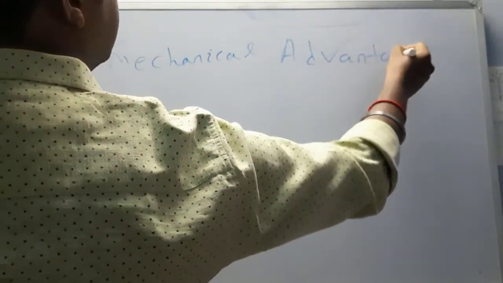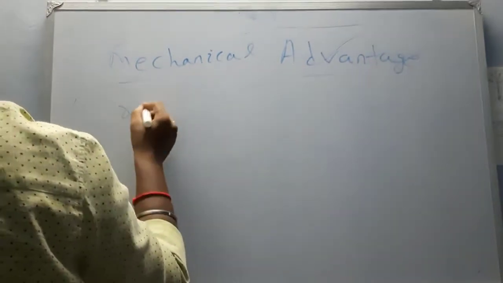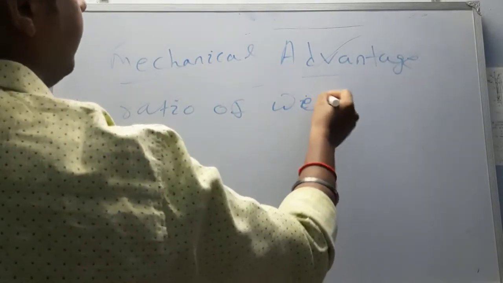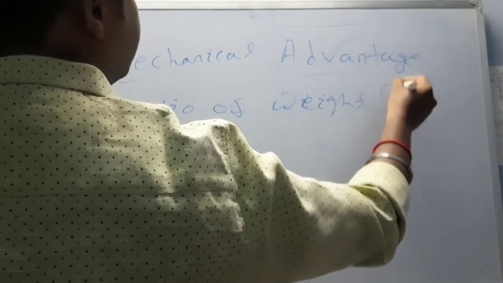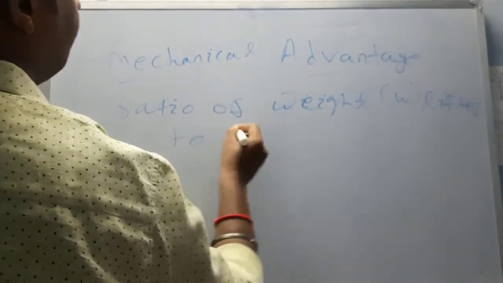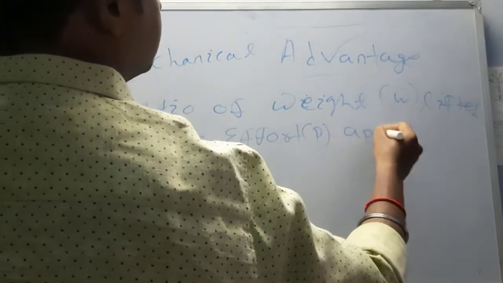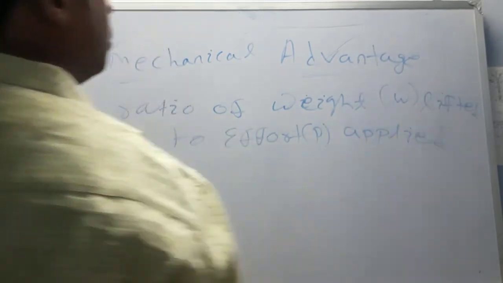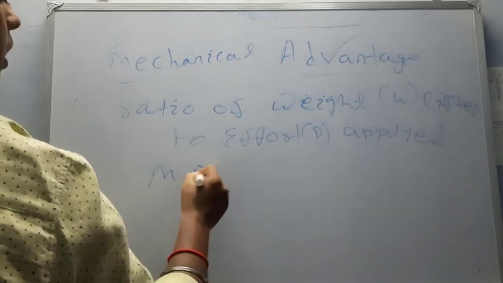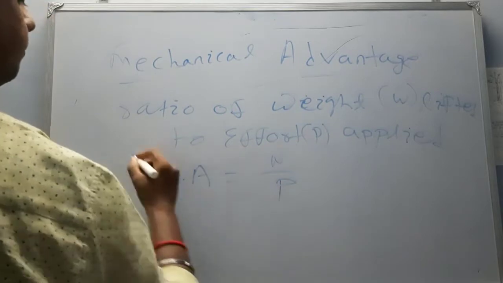Mechanical advantage is the ratio of weight lifted, whose symbol is W, to effort applied, whose symbol is P. So mathematically, we write M.A. is equal to W by P.